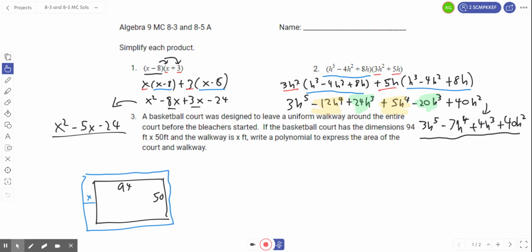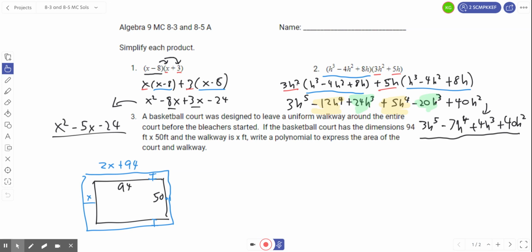Oh, and so the area of the court plus the walkway, well, you can see we're adding x on both sides. So this top side is going to be 2x plus 94. And we're also adding x on the left and right, or the top and bottom, or whatever that would be, the sidelines.